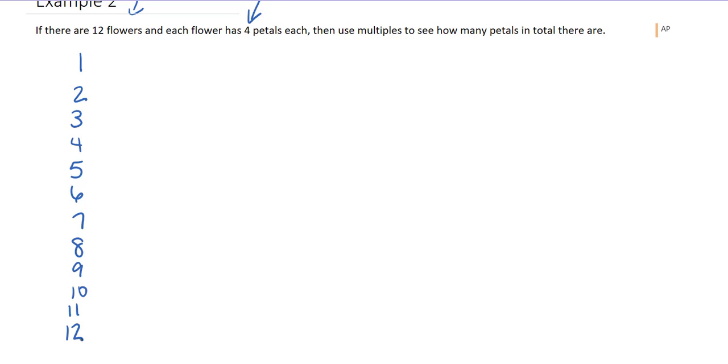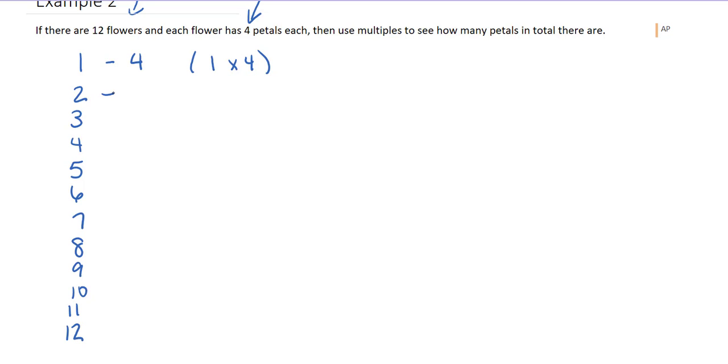So we're going to see how many petals are total for each one, and then total. So if there's 4 petals for each one, essentially the first flower has 4 petals. So that's 4, right? We just did 1 times 4.